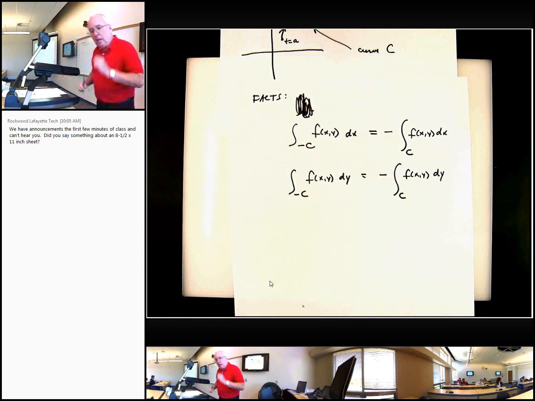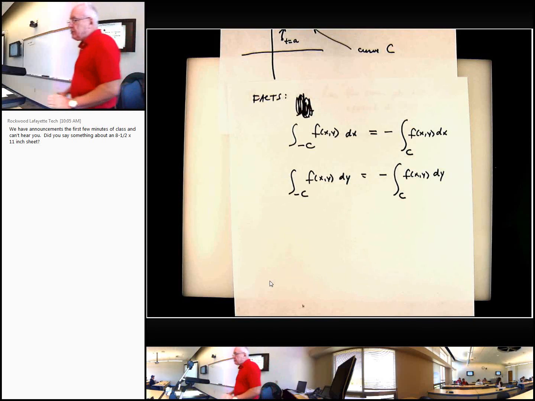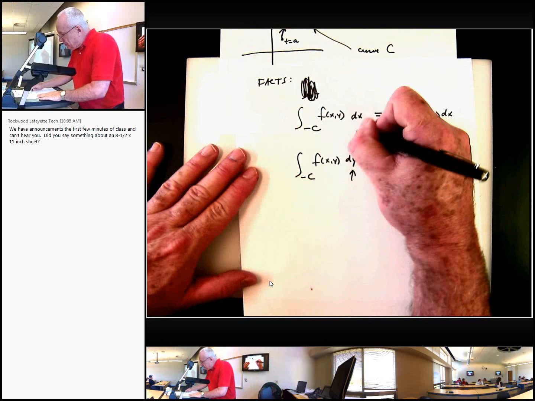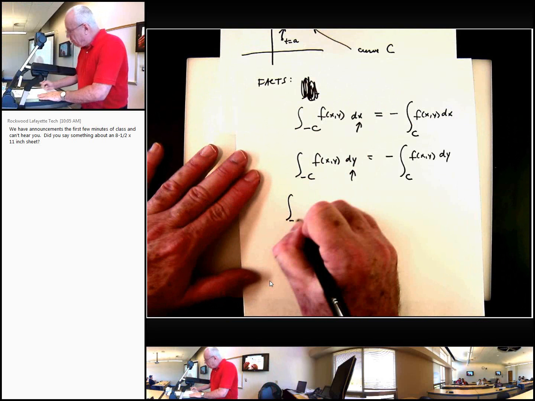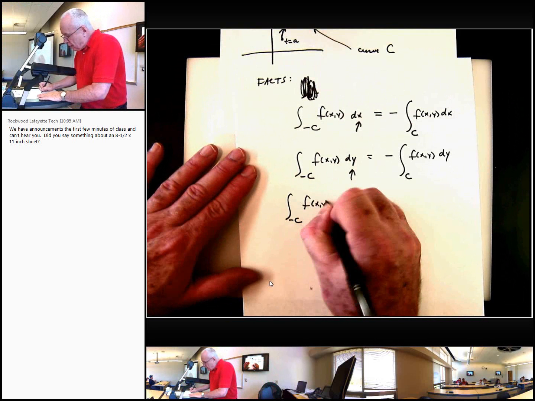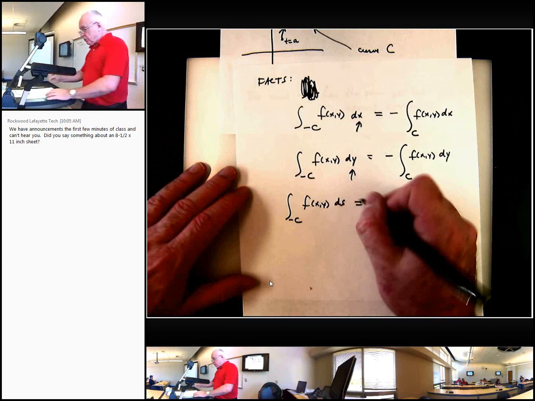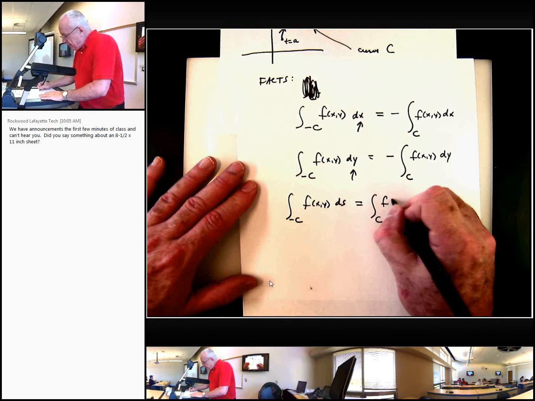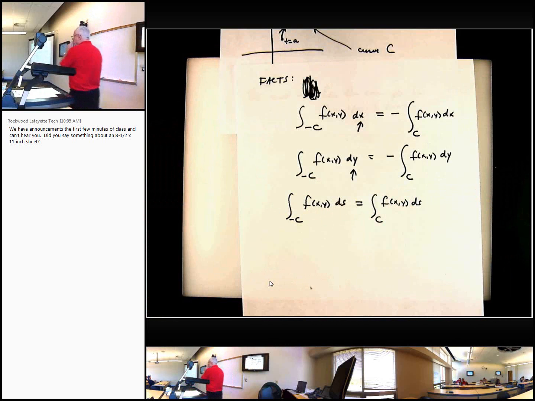All right. One thing, though, that's interesting that I want to point out is this. We have dx and dy. The integral along negative C of f(x,y) ds is actually going to be equal to the integral along the same direction of f(x,y) ds. And I will tell you the reason for this.